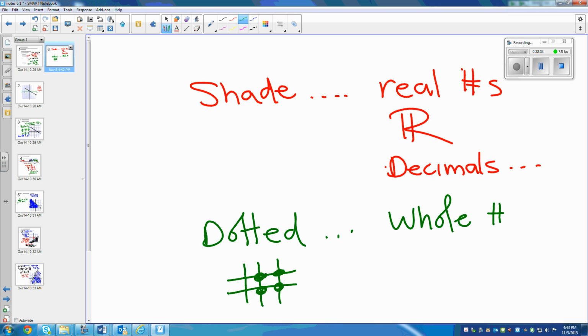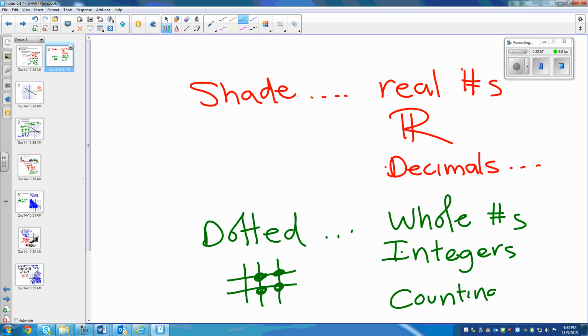Whole numbers are positive 1, 2, 3, 4. They're counting numbers pretty much. Integers also deal with the negatives, negative 1, negative 2, and 0. So if they say that you're dealing with integers or whole numbers, they're basically your counting numbers.